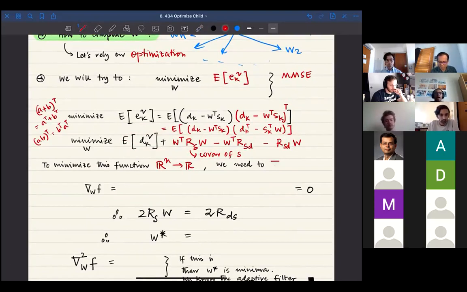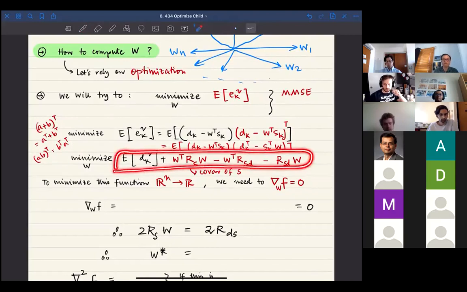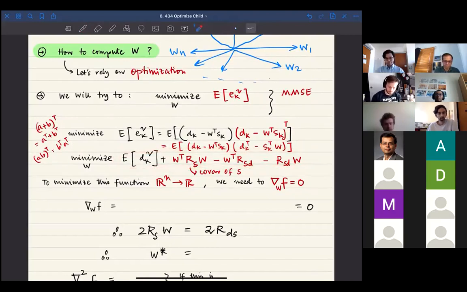The first step we always do is delta F. With respect to which variable should we differentiate? W. Delta F equals 0. This we can do because this essentially means I need to differentiate this with respect to W. Okay, guys, quickly tell me what is the differential of this with respect to W? 0.